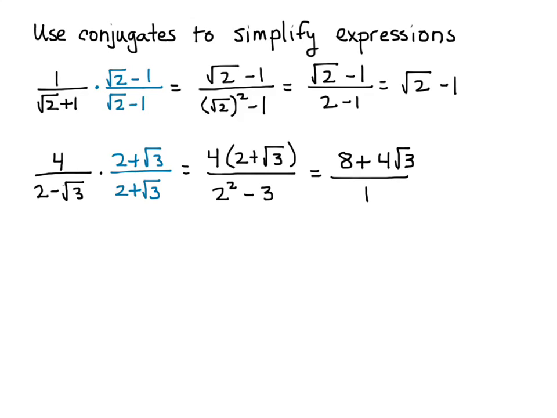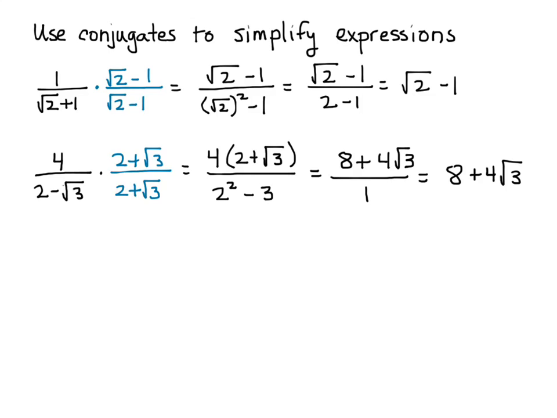Now this is not by coincidence. I constructed it this way to have a 1 in the denominator. You could very well have any other number, or if it involved variables, you could have a variable down there. But it comes out to something like that, so we get that simplified. So think about what this is doing. First off, this is simplifying that ratio of 4 over 2 minus the square root of 3.